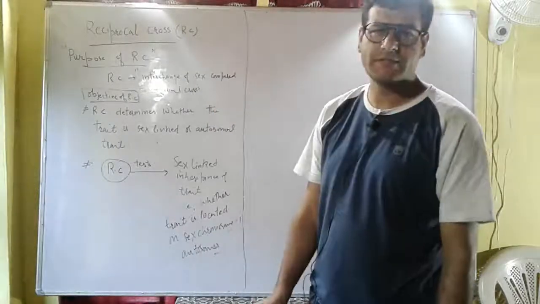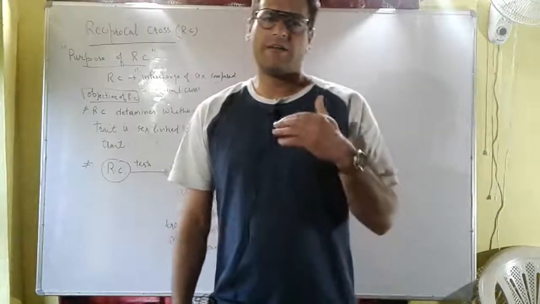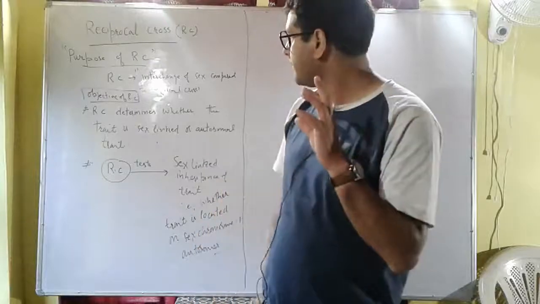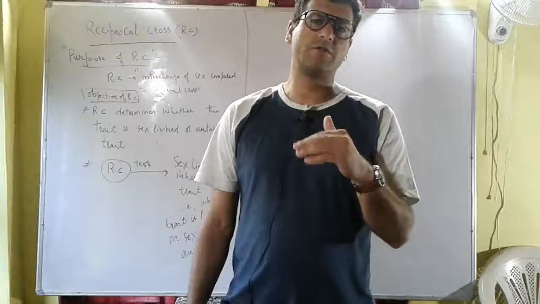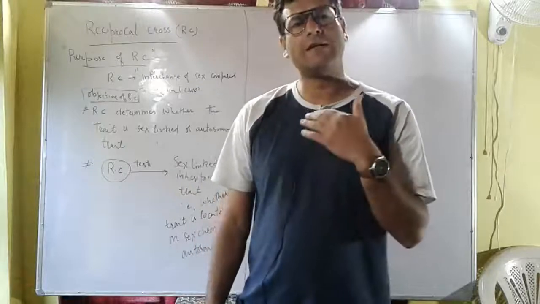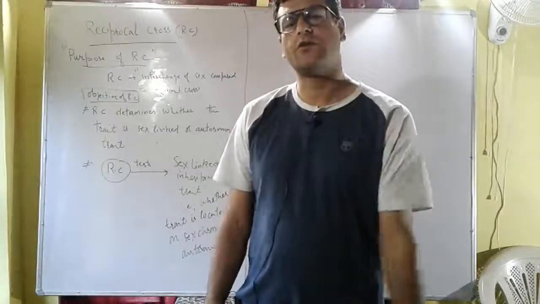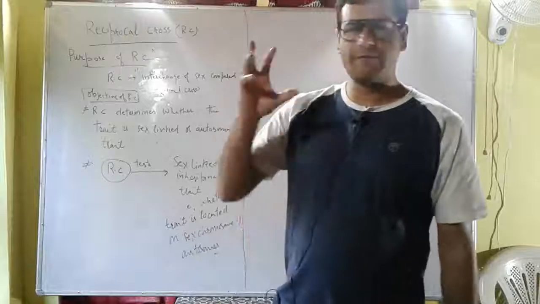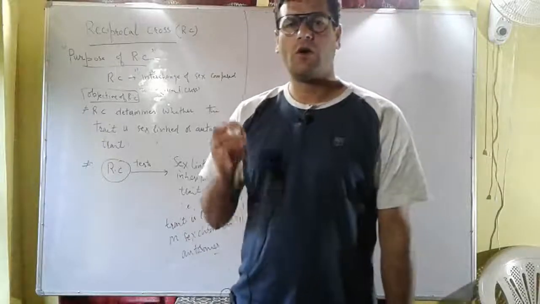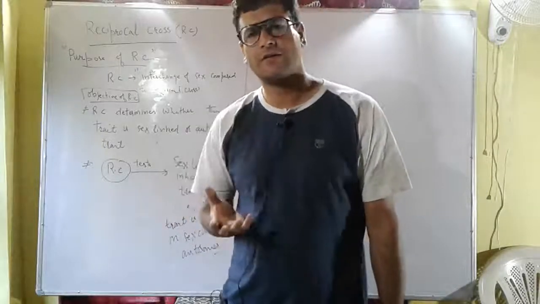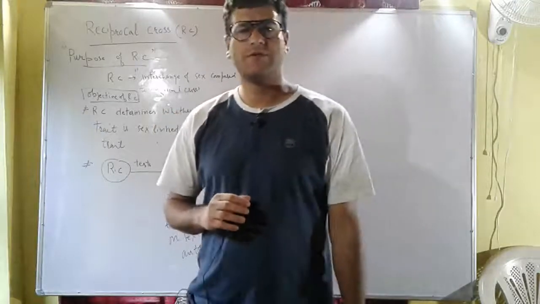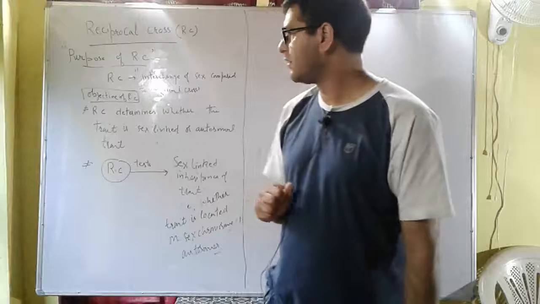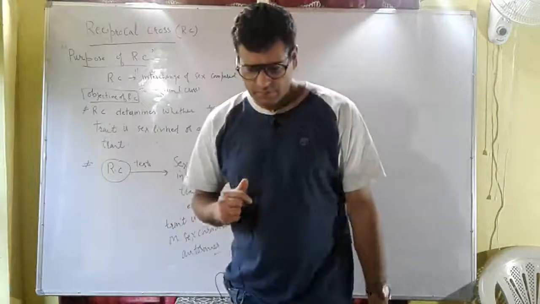The reciprocal cross observes the influence of parental sex on the inheritance pattern of the trait. What is the effect of the parental sex on the inheritance pattern of the given trait? That is determined by the reciprocal cross.